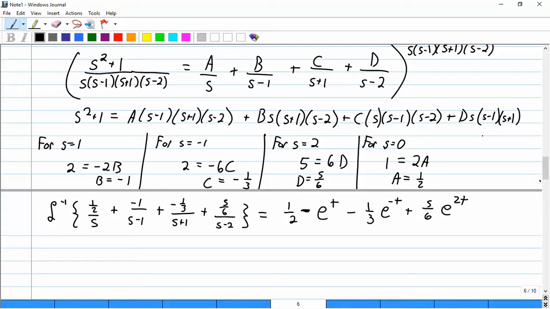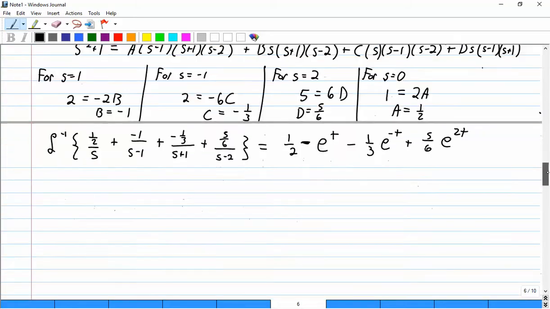I'm going to do a partial fractions problem that has a quadratic in it, just to remind you how to do that. So let's say I had the inverse Laplace transform of 1 over s to the 4th minus 9.